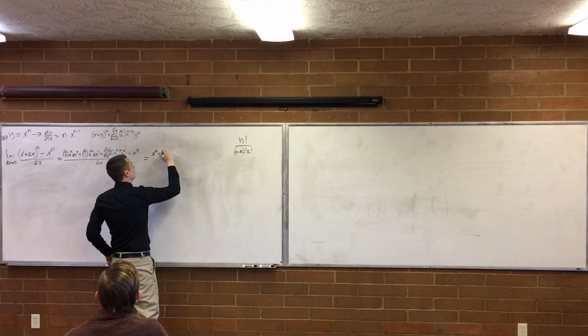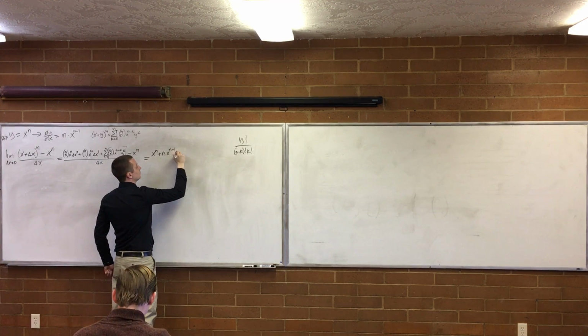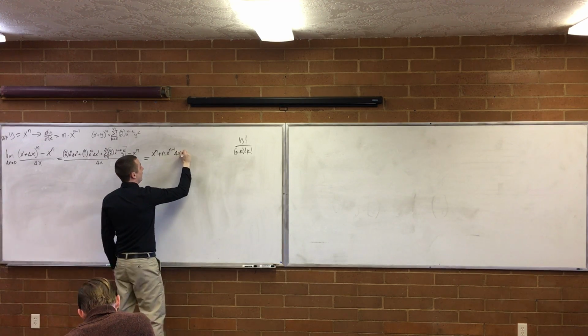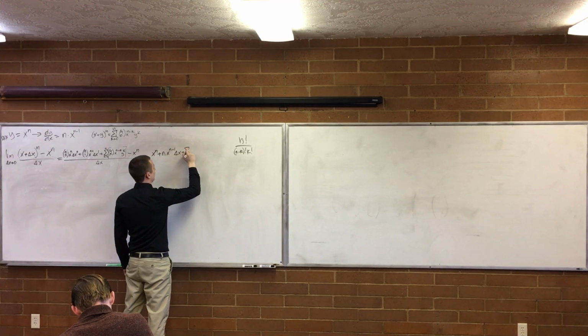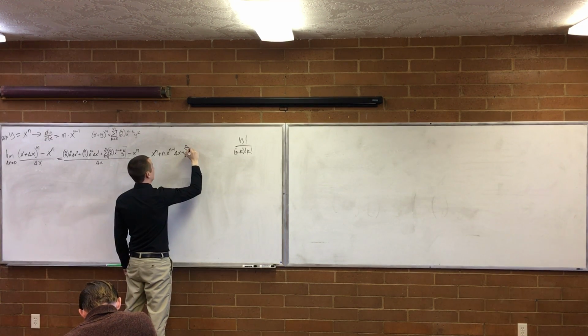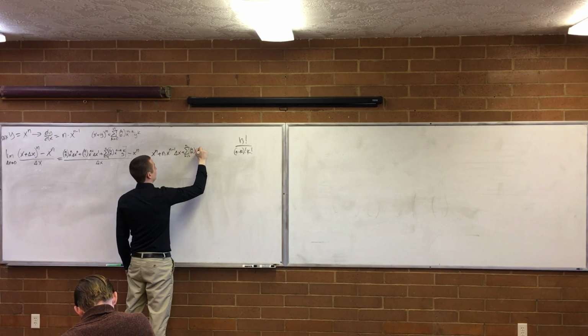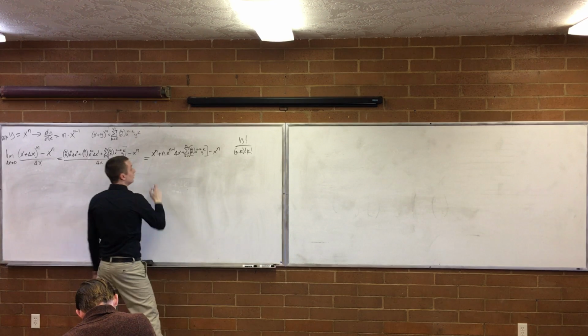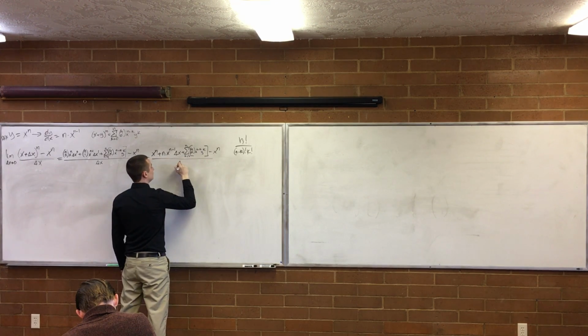N times x to the n minus 1, delta x, plus whatever all these terms add up to, k equal to 2, n choose k, x to the n minus k, y to the k, that whole sum, and then we have minus x to the n, all over delta x, right?